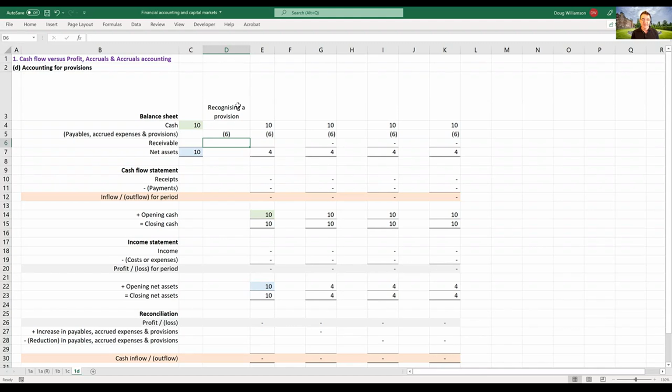And let's say we'll account for this as a cost rather than negative income. So we recognize an expense in this period for 6 for our provision, and we'll need to reconcile the loss and the cash outflow, which didn't happen yet.